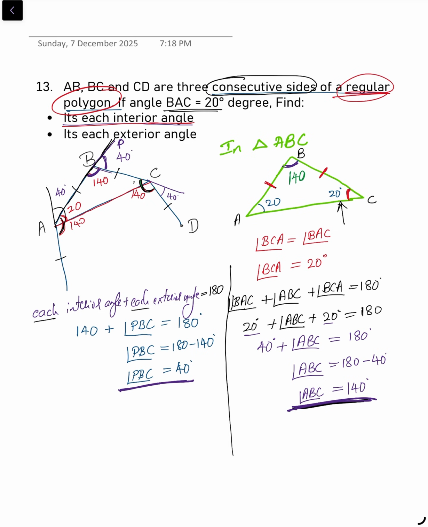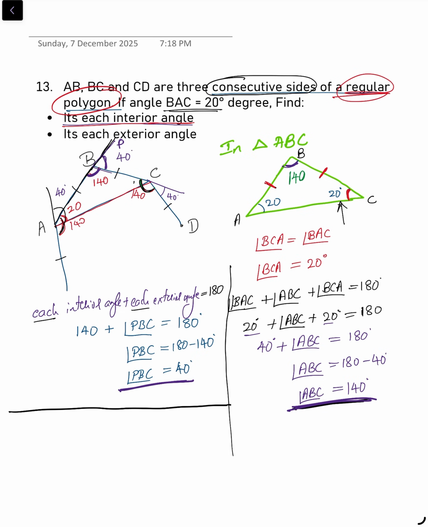But very important, they didn't ask the number of sides of this polygon, but you can find the number of sides of the polygon also. In this question I'm just going through, they didn't ask, but I will explain because it may come in your exam. The third question is: find the number of sides of this polygon.